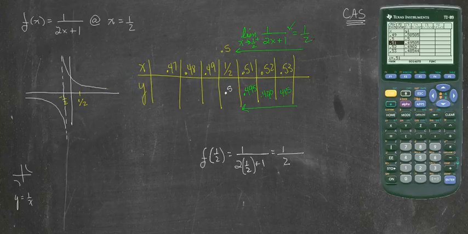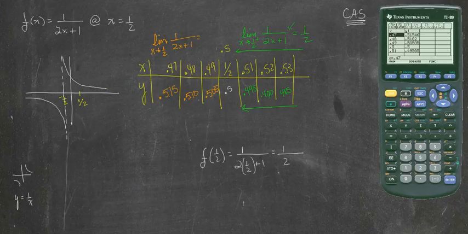And then let's look at the limit as x approaches 1/2 of 1 over 2x plus 1. What's happening on this side? So let's look at the other side. 0.49 has a value of 0.505. 0.48 has a value of 0.510. 0.47 has a value of 0.515.